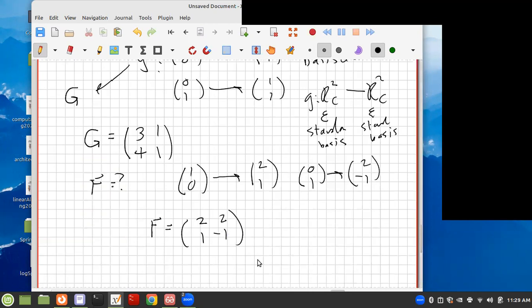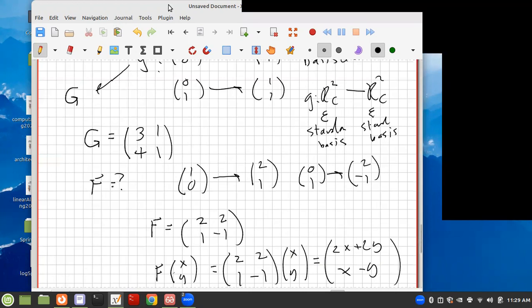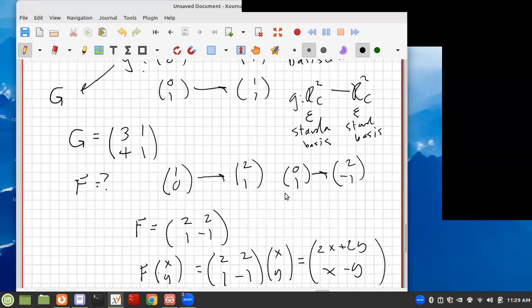Now, we can see that this works because if we take F times an arbitrary vector (x, y), that's going to equal 2x plus 2y, and x minus y, since 1 times x plus minus 1 times y is x minus y. So it turns out that matrix multiplication exactly works out, and this wasn't by accident.